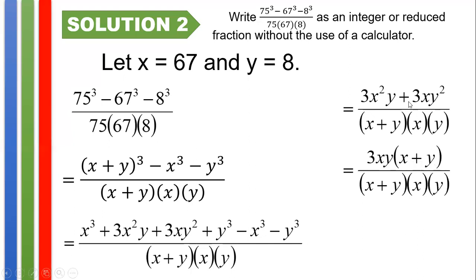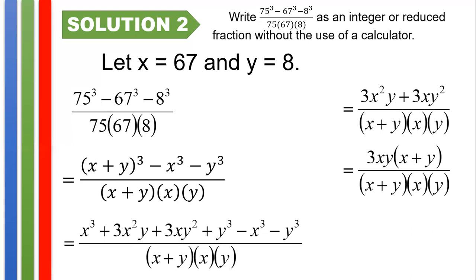That's why the numerator is factorable as 3xy times the quantity x plus y all over (x plus y) times x times y. If you could see, the x divided by x here becomes 1, y divided by y becomes 1, and the (x plus y) divided by (x plus y) is also 1.